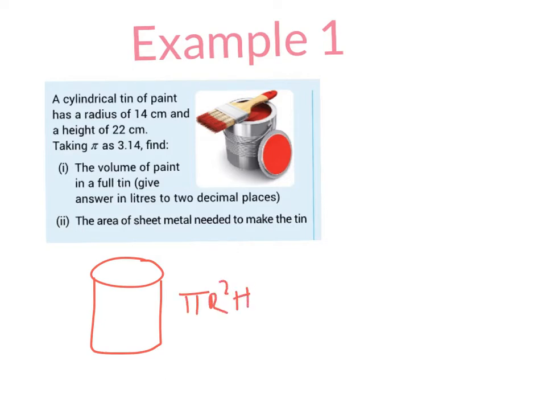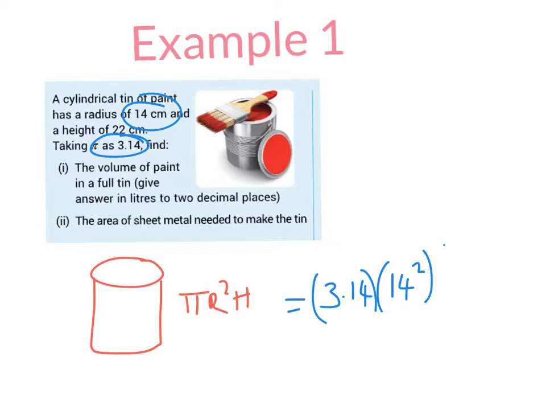Sometimes they tell me to keep it in terms of pi, sometimes they say pi is 22/7, but in this case they've said pi is 3.14. So that means it's 3.14 times the radius squared, which I'm told is 14 centimeters, times 22, the height.